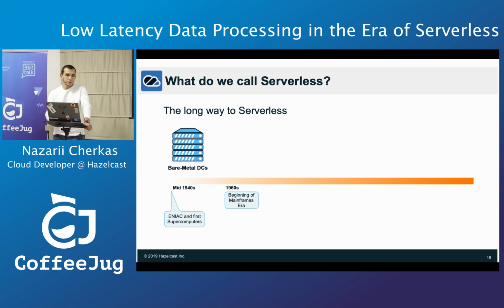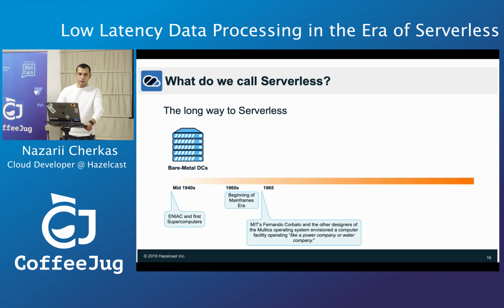Then it evolved in the 1960s to the first mainframes created by IBM. Then there is a really nice quote which belongs to Fernando Corbato, a very famous computer scientist who was working on the Multics operating system.